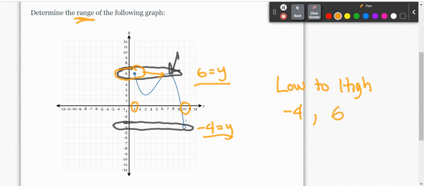And because we have an open dot at the -4, we want to use a parentheses on it. And then the top is a solid dot, so we're going to use a bracket there. So that's the range here, the endpoints being our guides. And also, I said solid dot at 6. The highest height being curved here and touching also works as our solid dot.